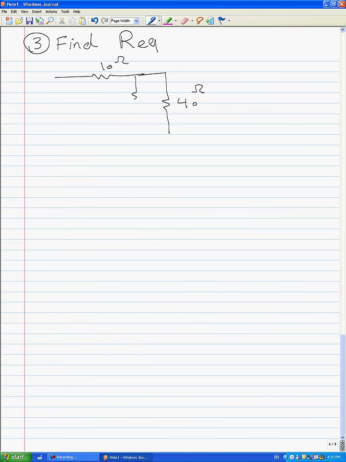Next question, investigate equivalent resistance. Question 3. In this question, we want to find the equivalent resistance in this circuit. Here we have 10 ohms. Here we have 40 ohms and 40 ohms.